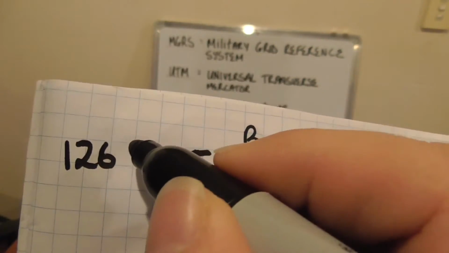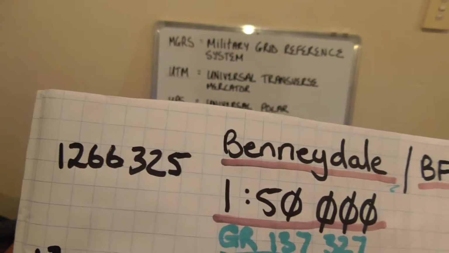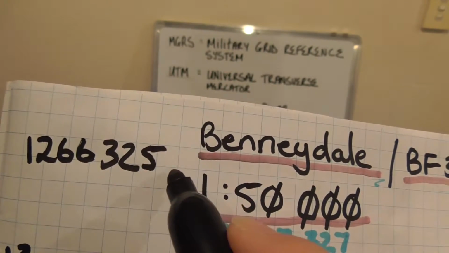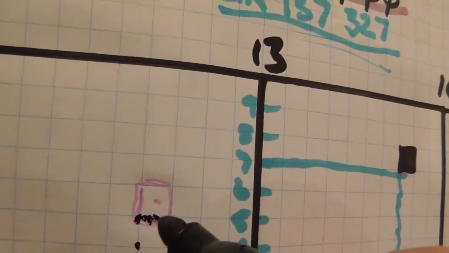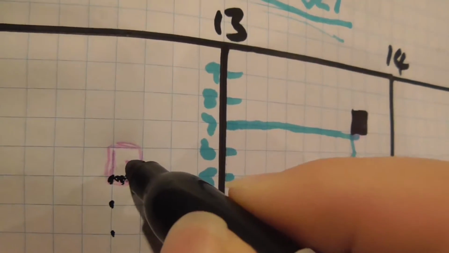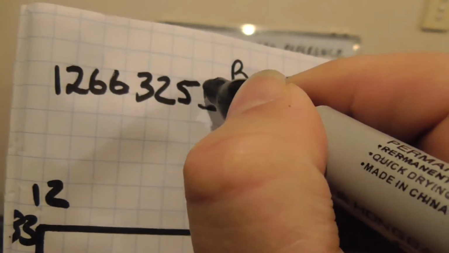So I'm going to put another 6 in here, for the easting, because it's one of the ones going across. And then for the one going up, let's go back to this. And we're going to go up. 1, 2, 3, 4, about 5. It's about halfway up. So that would be 5.